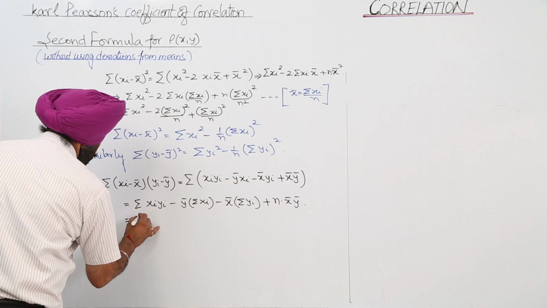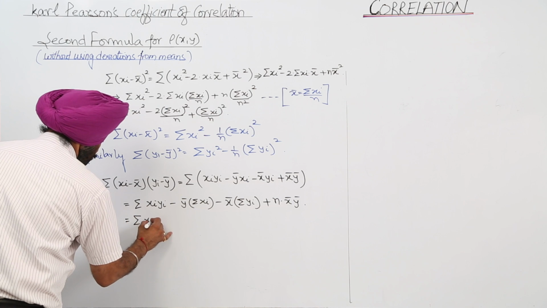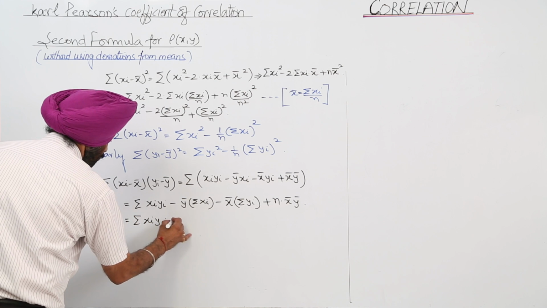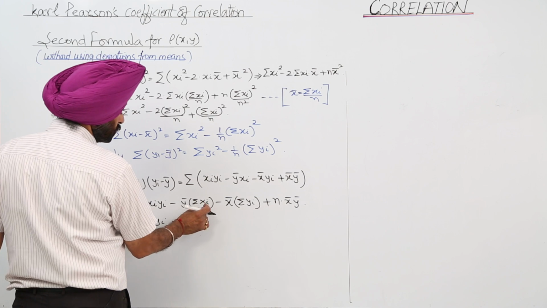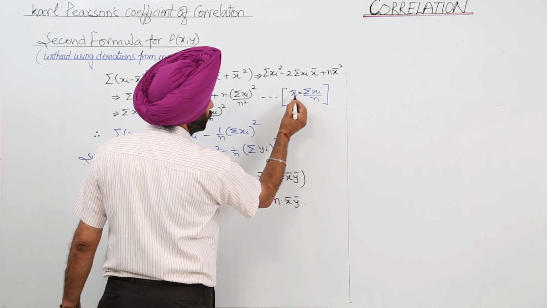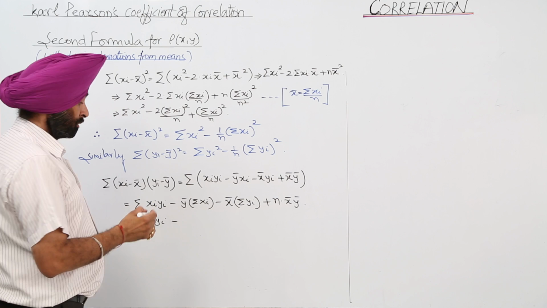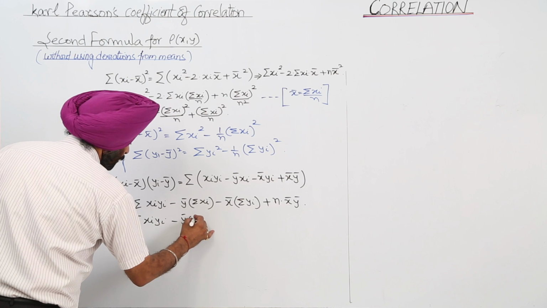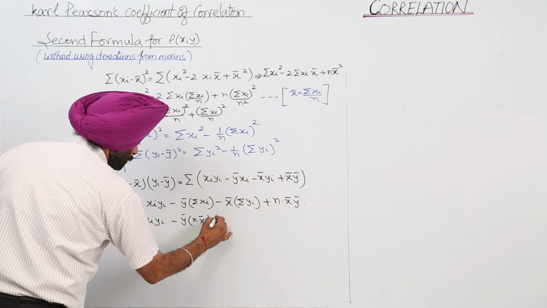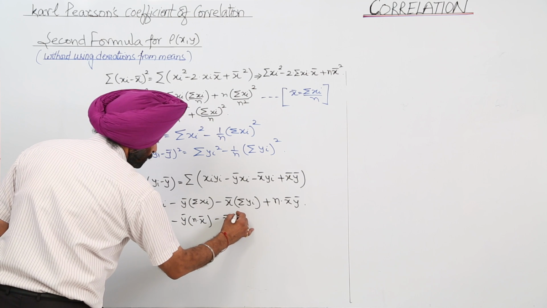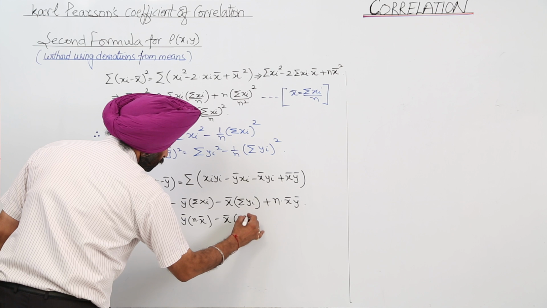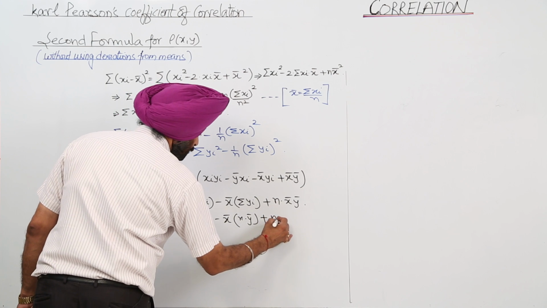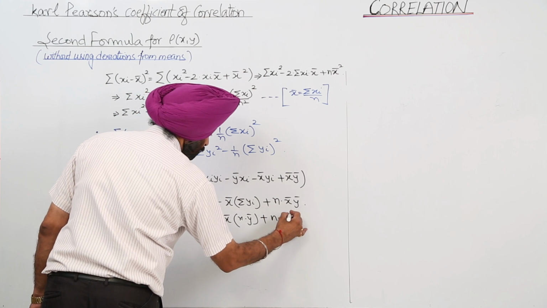Now this becomes summation xi yi minus, from the summation of xi we can write it as n times x mean, so we have y mean with n times x mean, minus similarly x mean with n times y mean, plus n times x mean y mean.